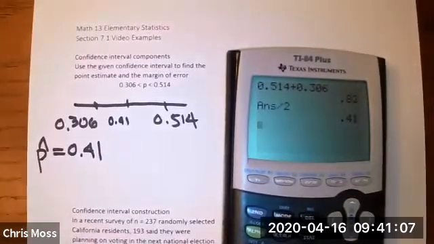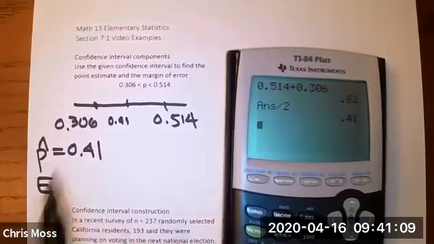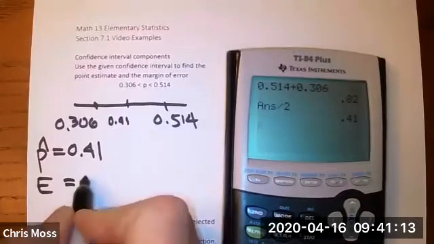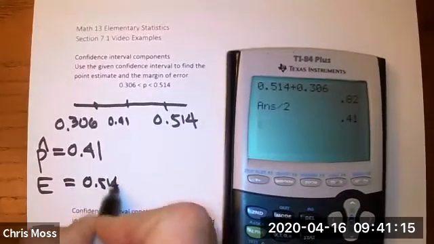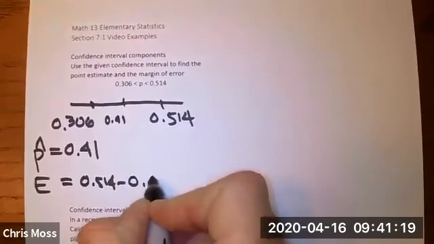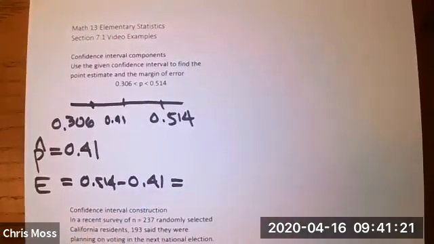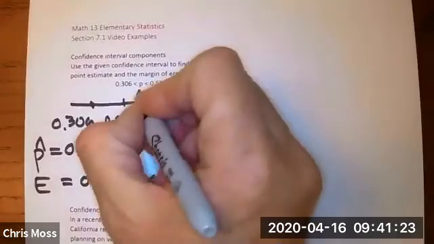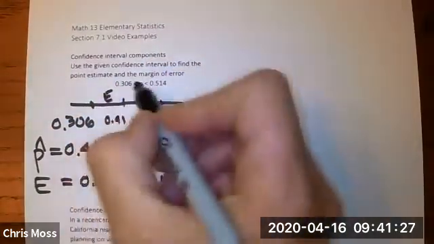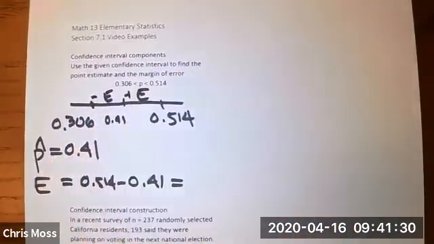equals 0.41. Now I need my margin of error E. To find that, I'll pick the high point, 0.514, and subtract from that my point estimate of 0.41. That's going to be my margin of error E. In fact, there will be two. We'll add and subtract one of those, and that gets us to our endpoints.